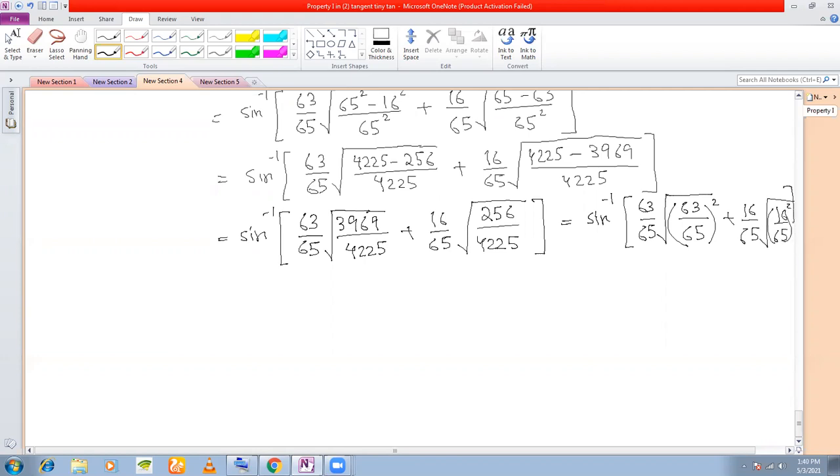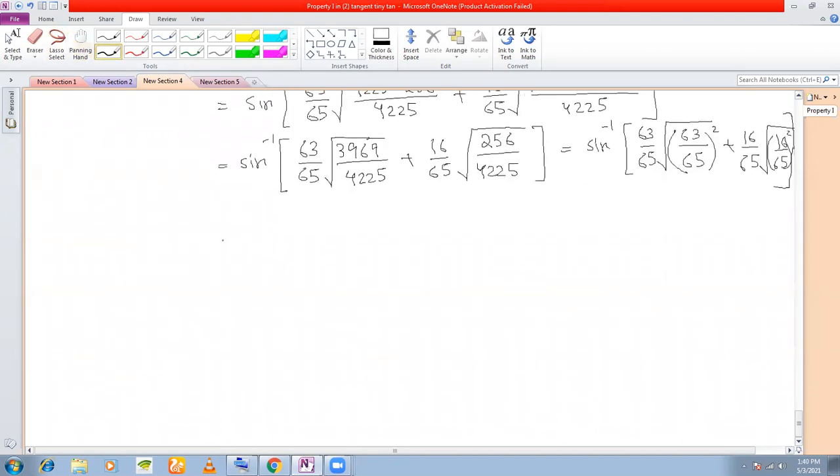You close the box brackets, and you have sine inverse of 63 by 65 into 63 by 65 plus 16 by 65 into 16 by 65.